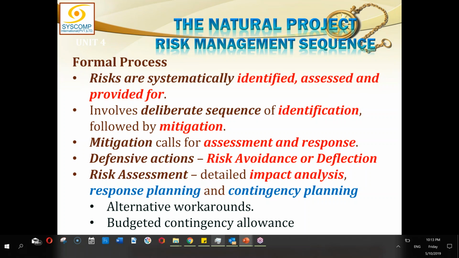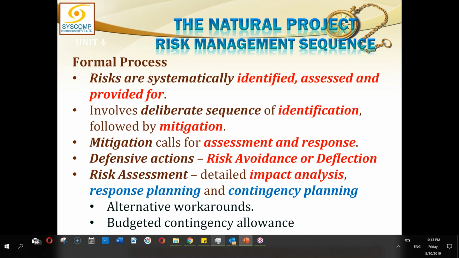Mitigation calls for assessment and then response. So, as a result of the assessment, we will then make the decision about what we should do in case of this specific risk. So this is more of a response or a decision. We have defensive actions taken, like, we are trying to avoid the risk or deflect the risk.